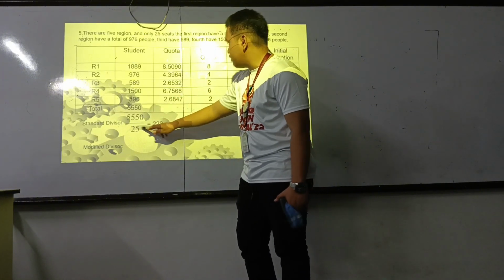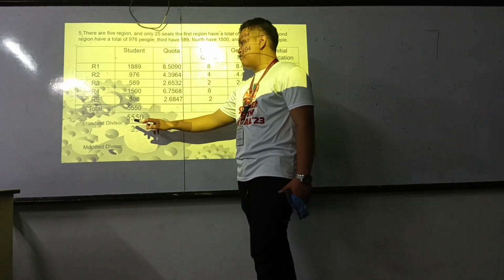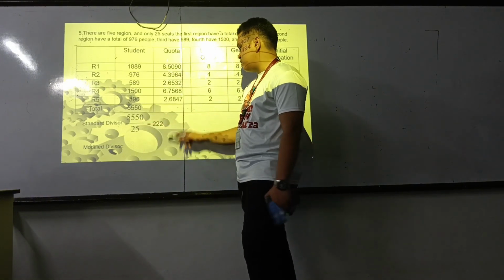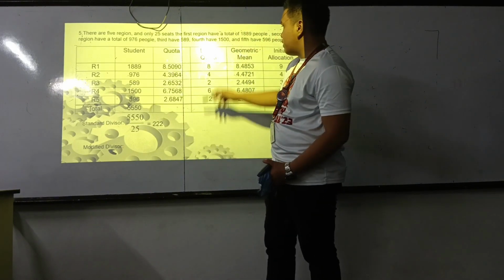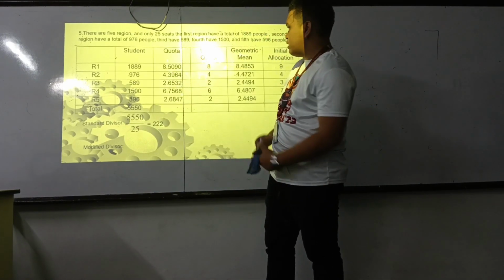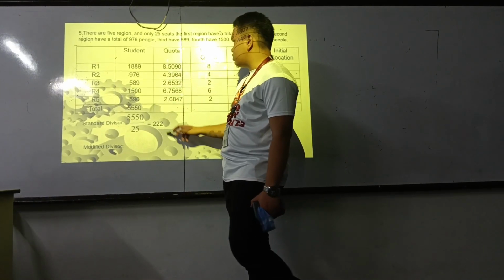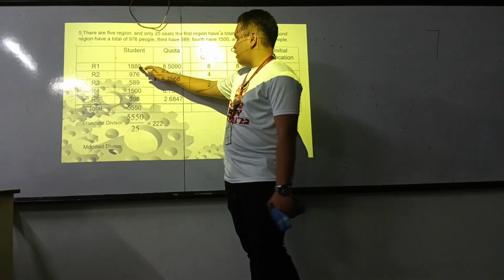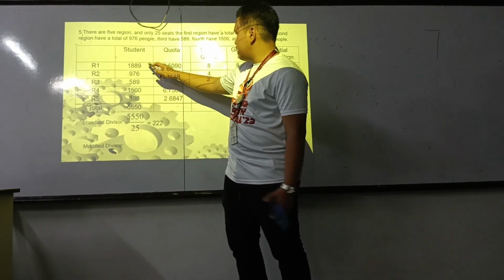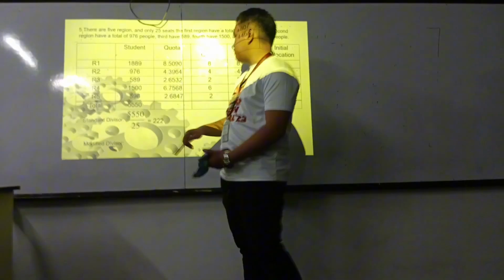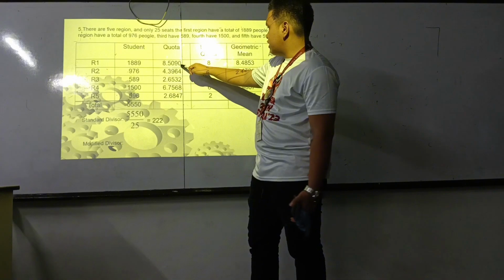And divide by 25 because there are 25 seats. So 5,550 divided by 25 is equal to 222. So to find our quota, it's all of this divided by 222. So region 1 is 1,889 divided by 222, which is equal to 8.5090.